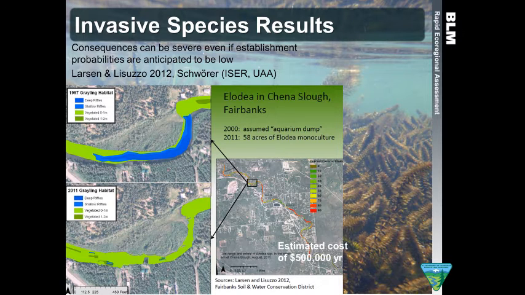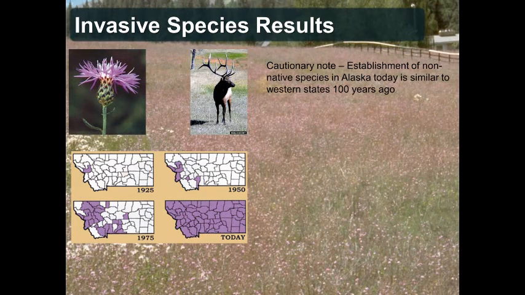And Toby has suggested that this is costing the region something like $500,000 per year in lost revenue. So, this is upstream from the region that we're talking about. And also elodea is present all throughout lakes in the Anchorage Bowl and Kenai Peninsula as well.